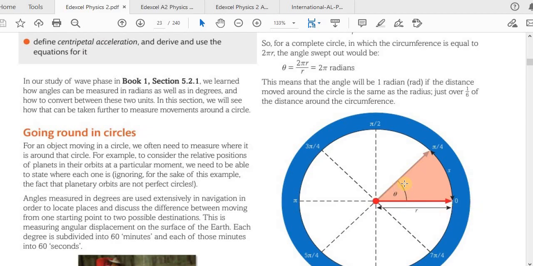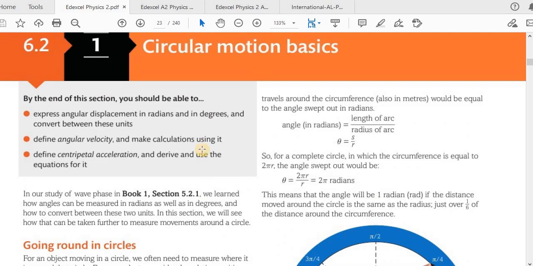Okay, so the angular displacement will be how much of an angle it sweeps. So from here to here, it swept an angle, or it created an angle of theta. So this theta is the angular displacement. Now the theta can be either in degrees or radians.